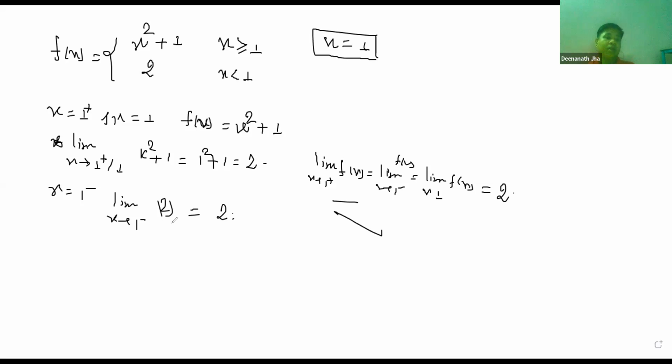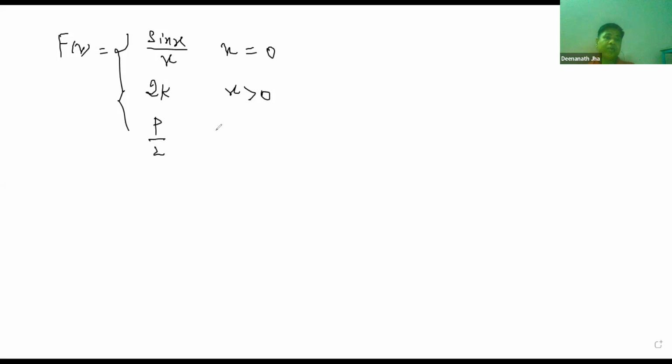Now, for you, write down one example. f(x) equals sin x by x when x is not equal to 0, 2k when x greater than 0, and p by 2 when x less than 0.